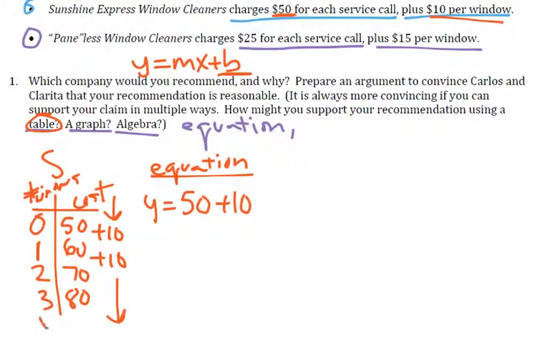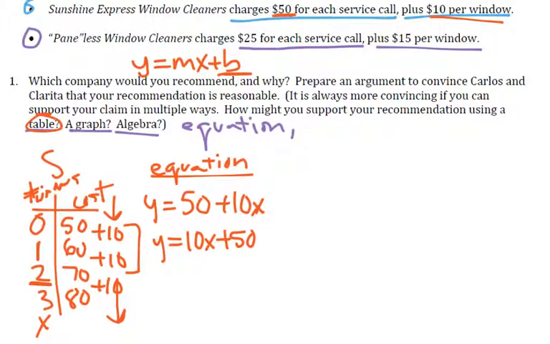Well, till we get to the number of windows, right? So remember, that $10 is the growth. If we did two windows, we added 10 twice. Well, the shortcut of adding 10 twice is multiplying by 2. If we did 3 windows, we'd add 10 3 times. So 3 times 10. So x windows, we go x times 10. Now we could rearrange this to be in that slope-intercept form, 10x plus 50.